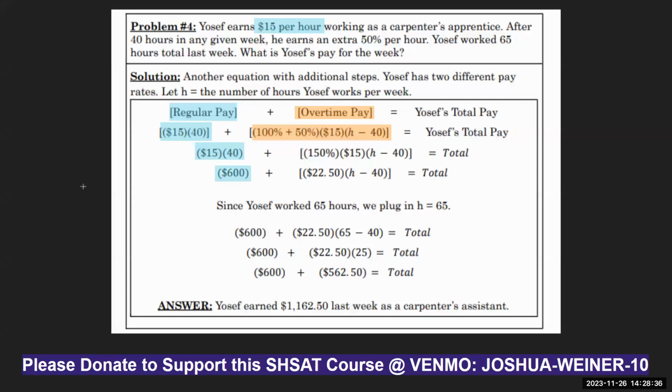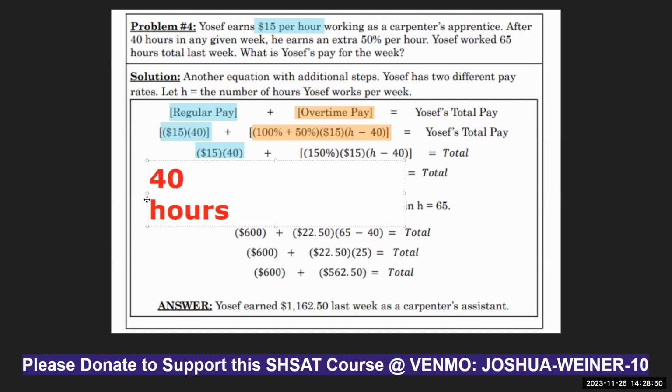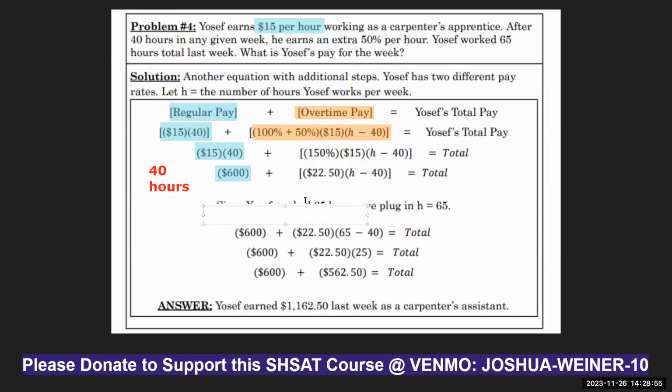So if he works 40 hours, that's the first 40 hours. He'll get $15 an hour. Okay, so that's $600 of pay right there for the 40 hours. But then 65 minus 40 is 25 extra hours.